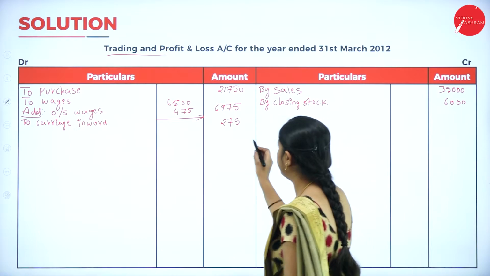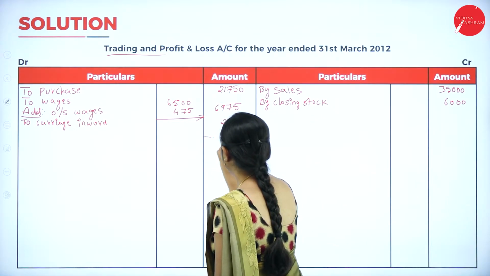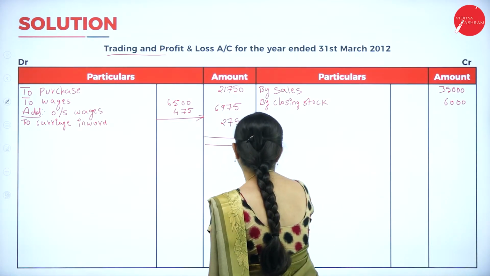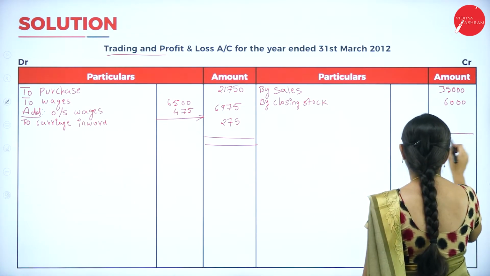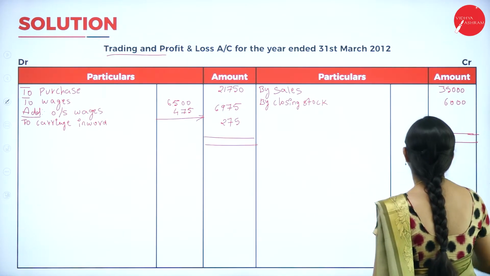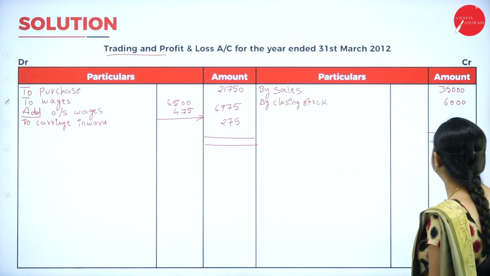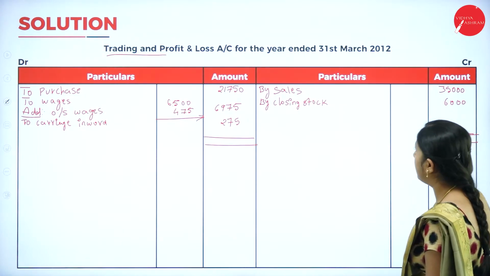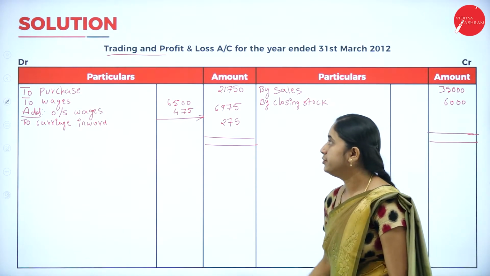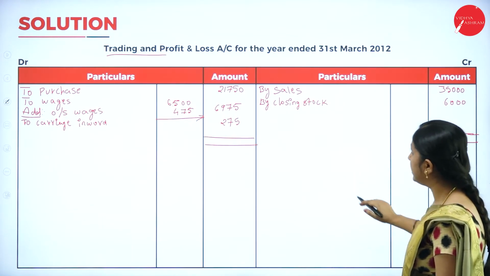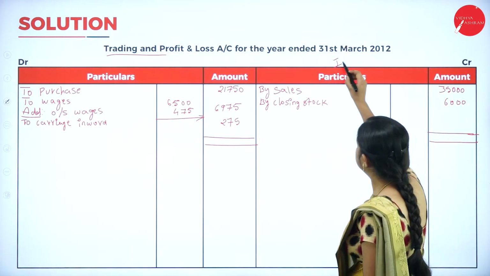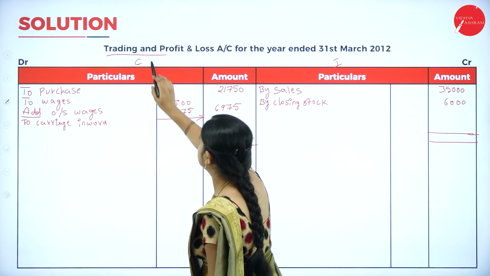So now we have finished all the trading account entries. Make a total and write whichever is higher. The credit side gets 41,000, and the total of debit is less than the credit. That means income is more than expense.